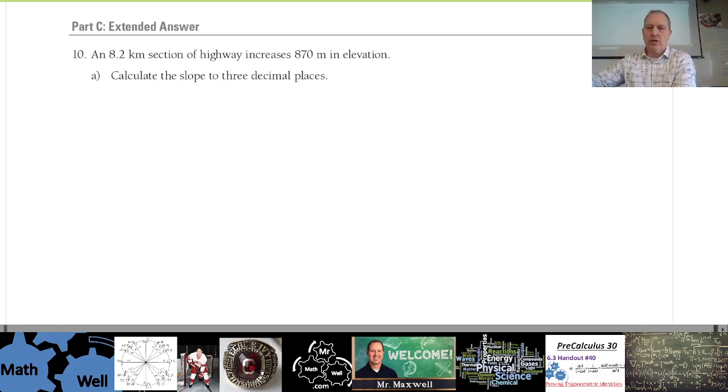All right, so the key for number 10 is, if you're going to calculate slope, the units for rise and run have to be the same. So if you've got a section of highway, oh, this is a tricky one, because the highway is the actual sloped part, right?